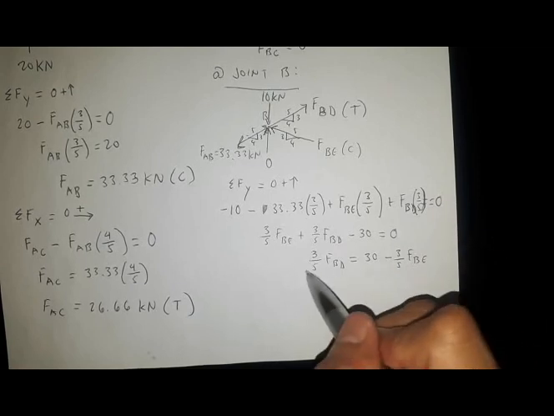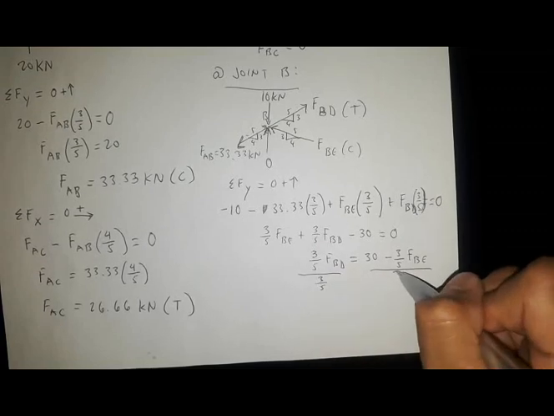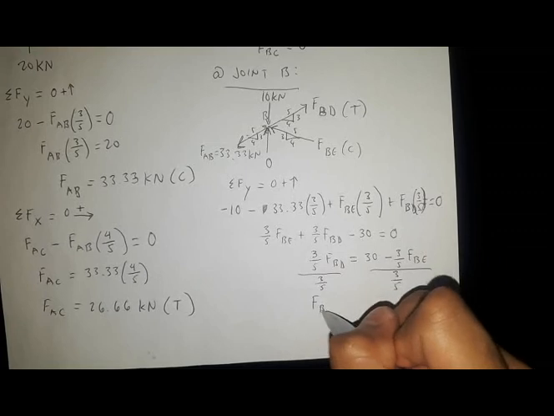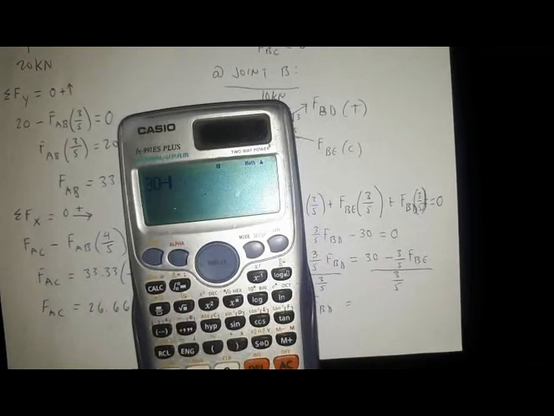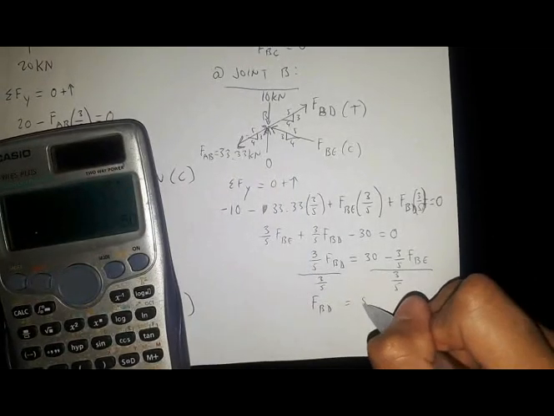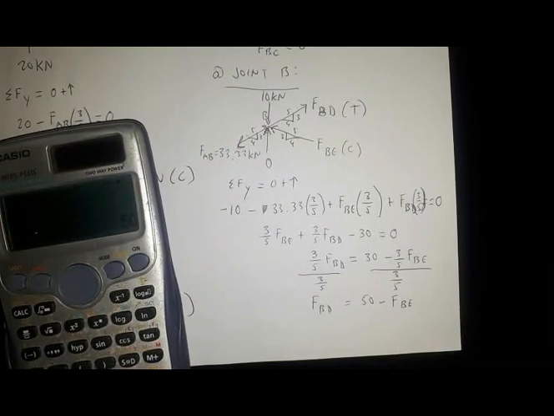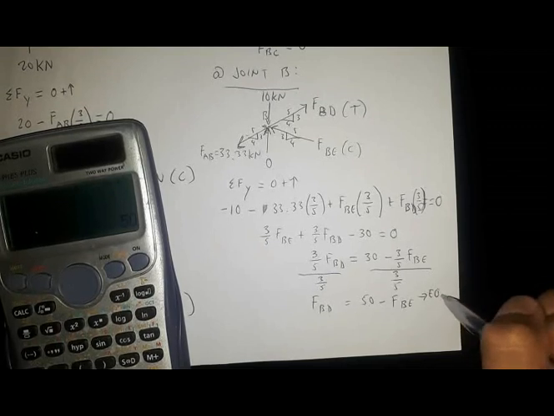So divide both sides by 3/5. We have F of BD equals 30 over 3/5, which is equal to 50 minus FBE. So this is our equation 1.